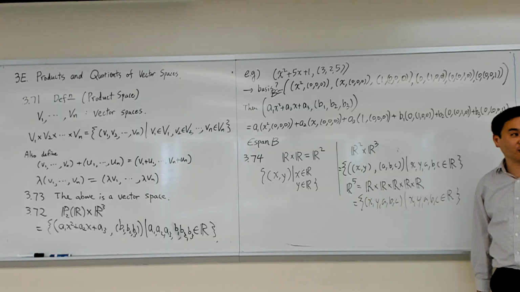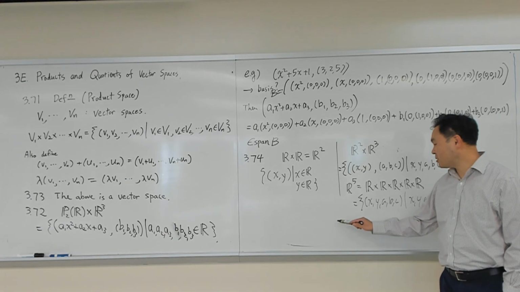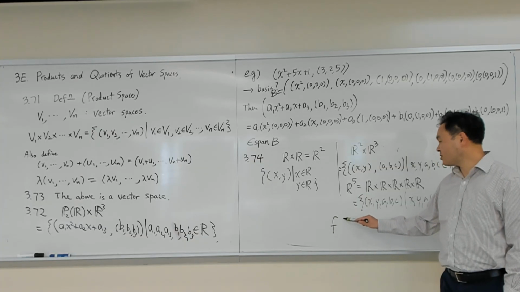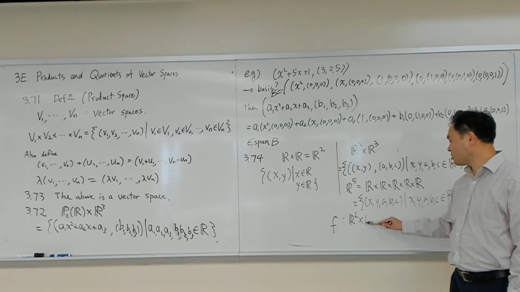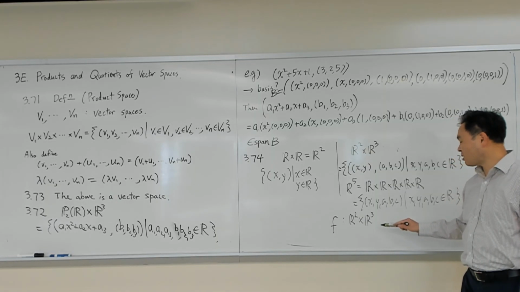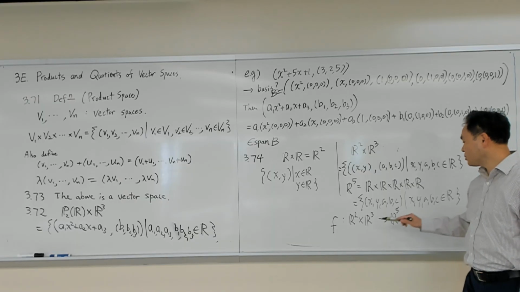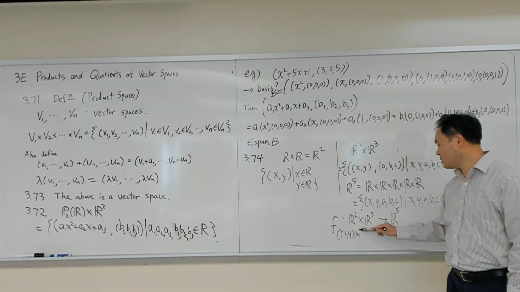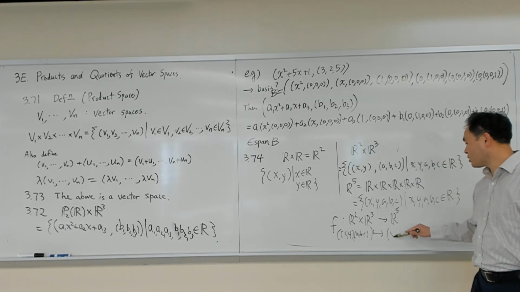That's what's in R5. Of course, if you define a map, let's say some f, that's defined from R2 cross R3 to R5, where it sends x, y, a, b, c to x, y, a, b, c.